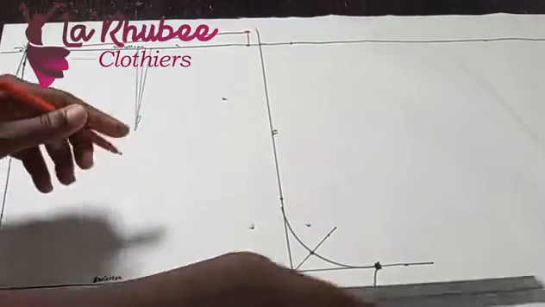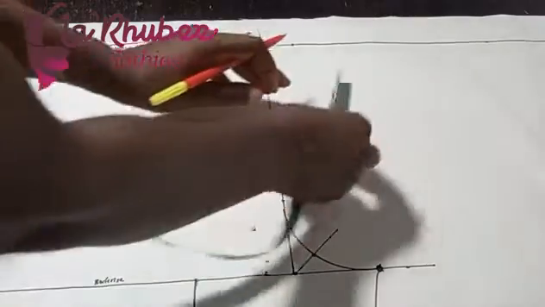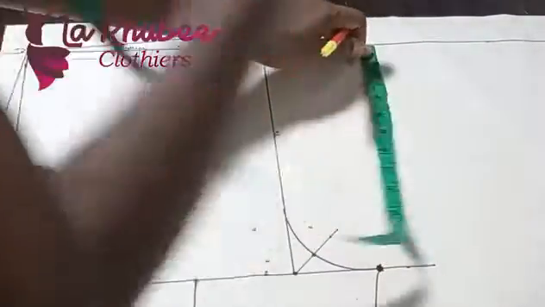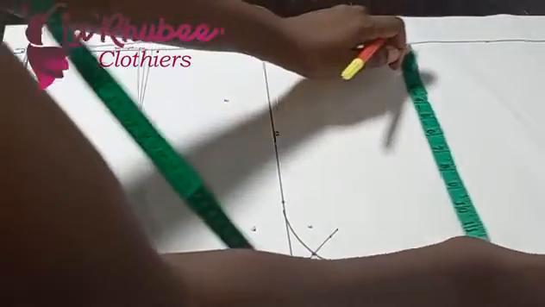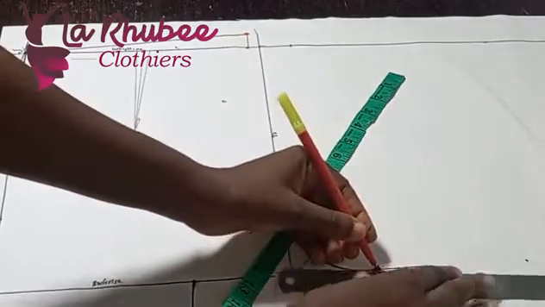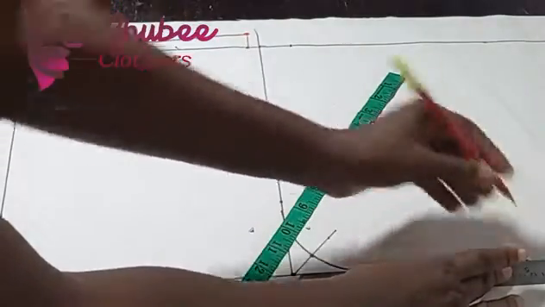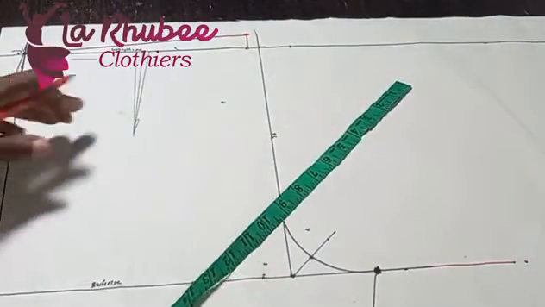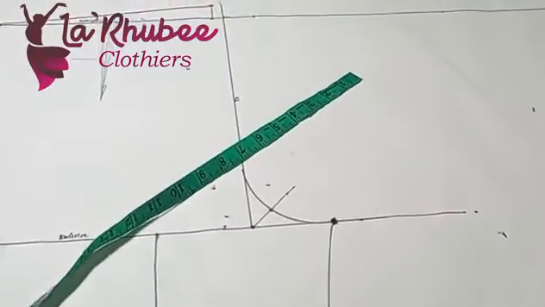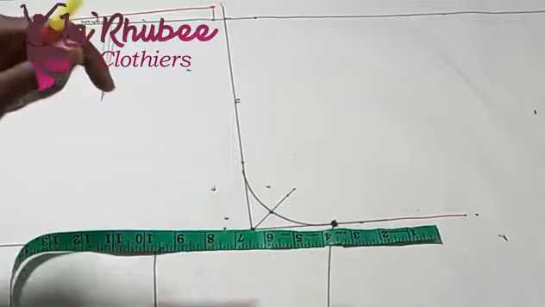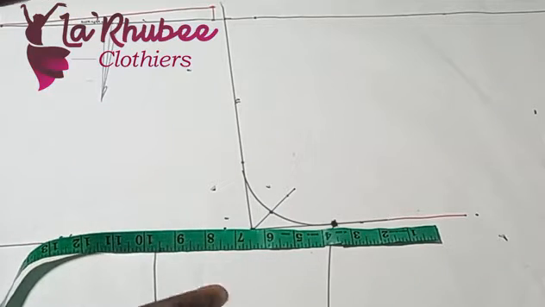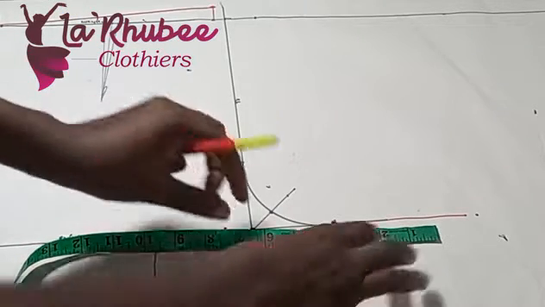And then for my crotch line, I'll extend my line. So I'm extending the line. This is 12.5. For the crotch, because this person's hip is 41, I'll be doing 3.5.